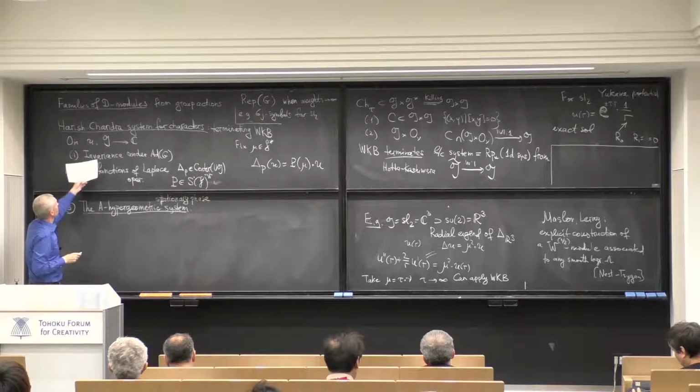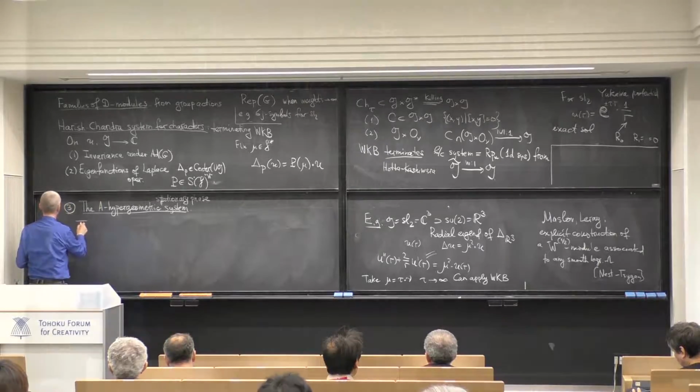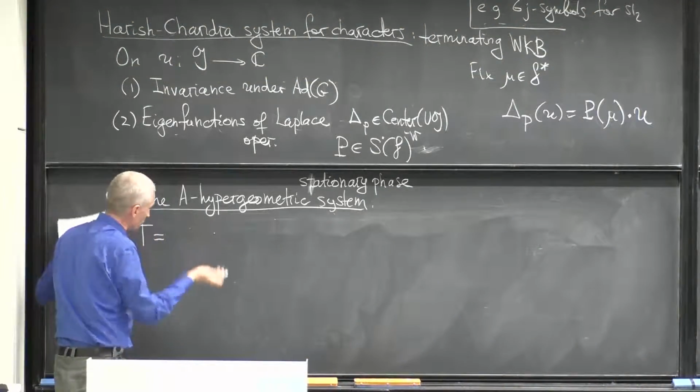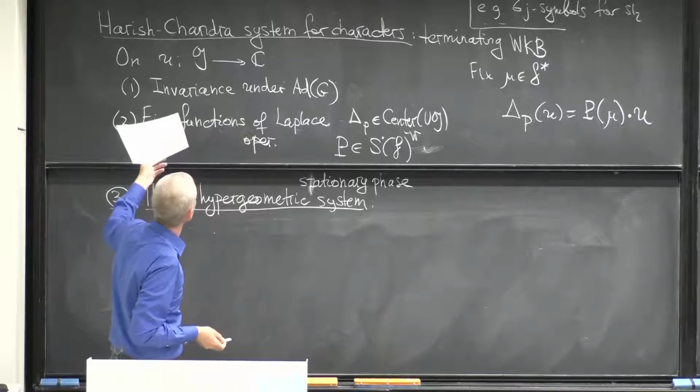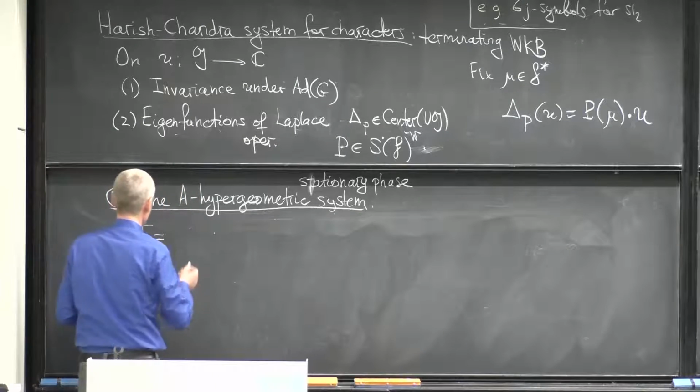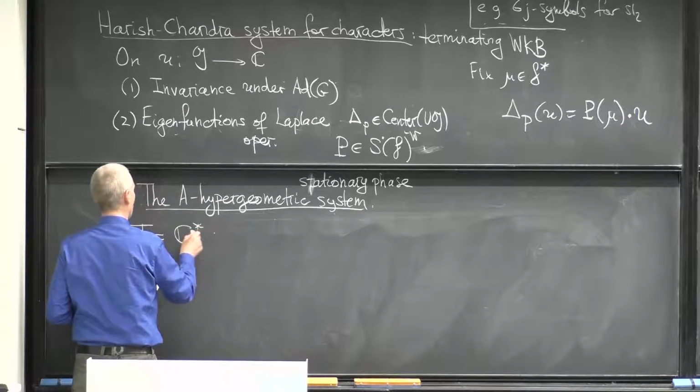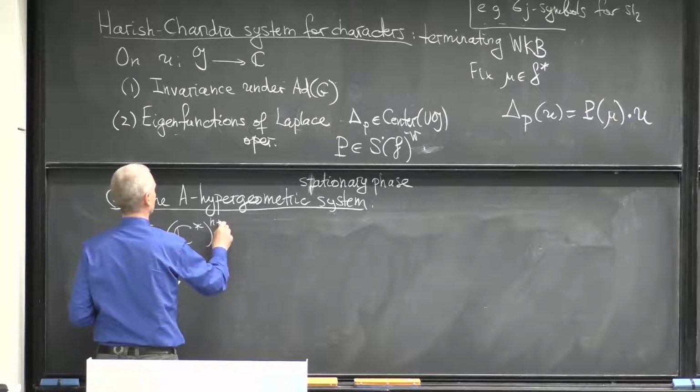So instead of the semi-simple group, we start with a torus. Again, it goes under the rubric of systems corresponding to group actions. We have a torus of rank n+1.